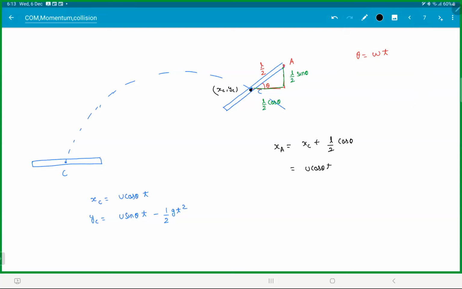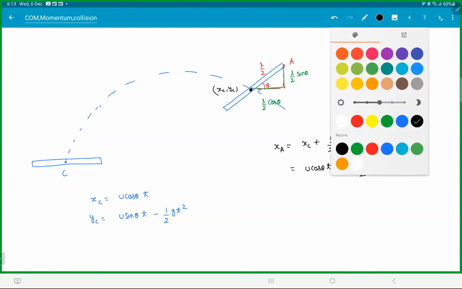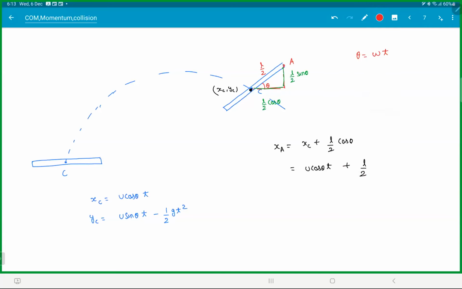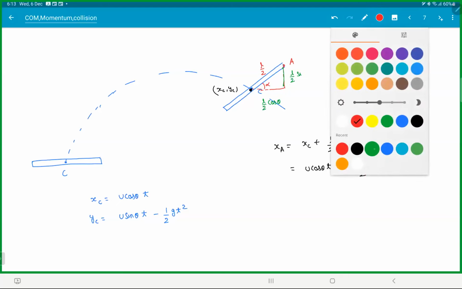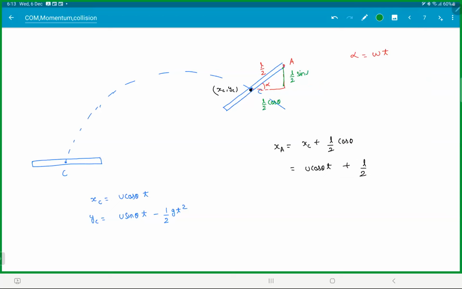That is u cos theta t plus L by 2. I made a mistake, take it as alpha, because theta is already there, it will be confusing. L by 2 sine alpha, L by 2 cos alpha.